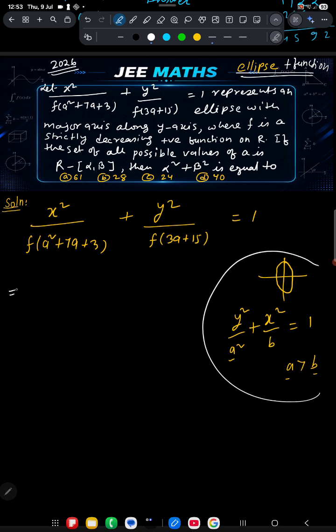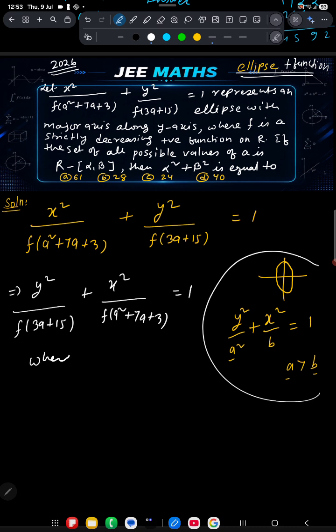So we can write this equation like this: y square upon f of 3a plus 15 plus x square upon f of a square plus 7a plus 3 is equal to 1, where major axis is along the y-axis, so that coefficient will be greater, that is f of 3a plus 15 will be greater than f of a square plus 7a plus 3.